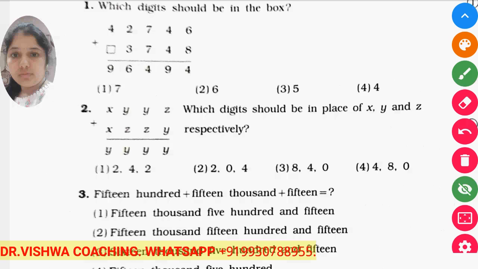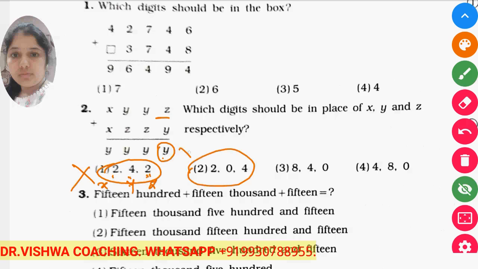See, we can keep this first option as xyz, means x is equal to 2, y is equal to 4 and z is equal to 2, and you can check whether the answer will come in the same fashion. Now see, 2 plus 4 becomes 6. If we keep the values like this, we are not getting the addition as a number y, so this is not the correct option.